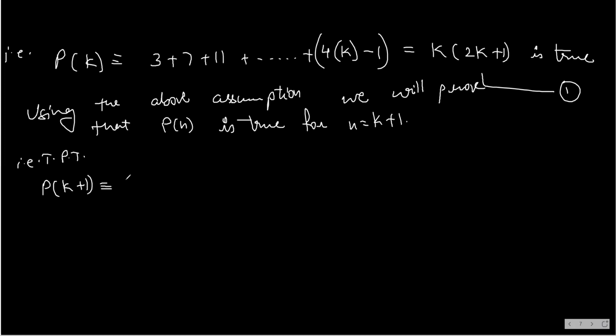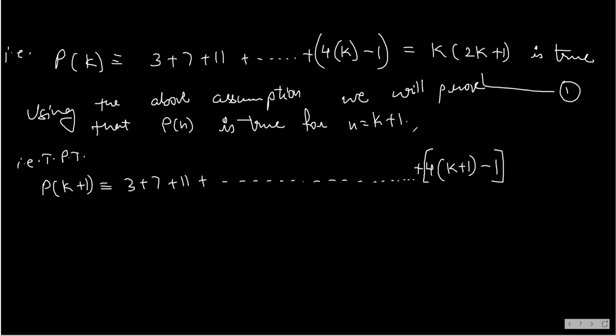See, 3 plus 7 plus 11 plus dot dot dot. When n is k plus 1, what will you have? You will have plus 4 times k plus 1 minus 1. This will be the nth term when n is k plus 1.